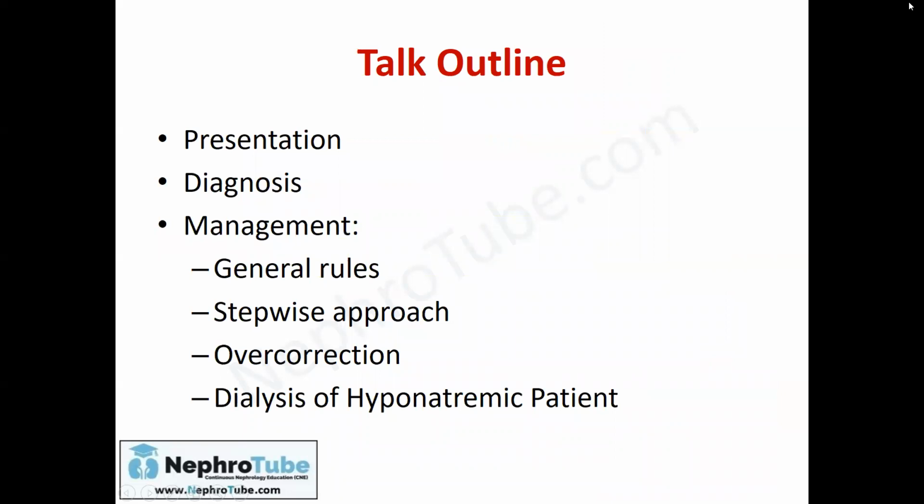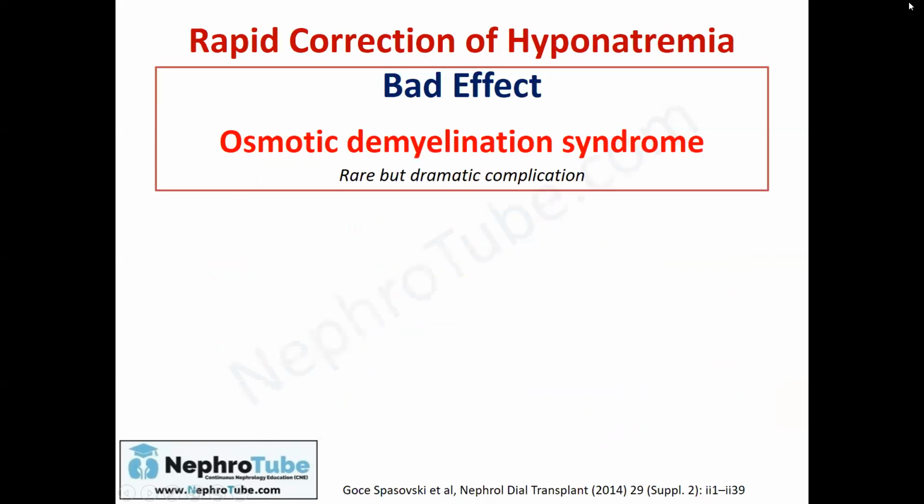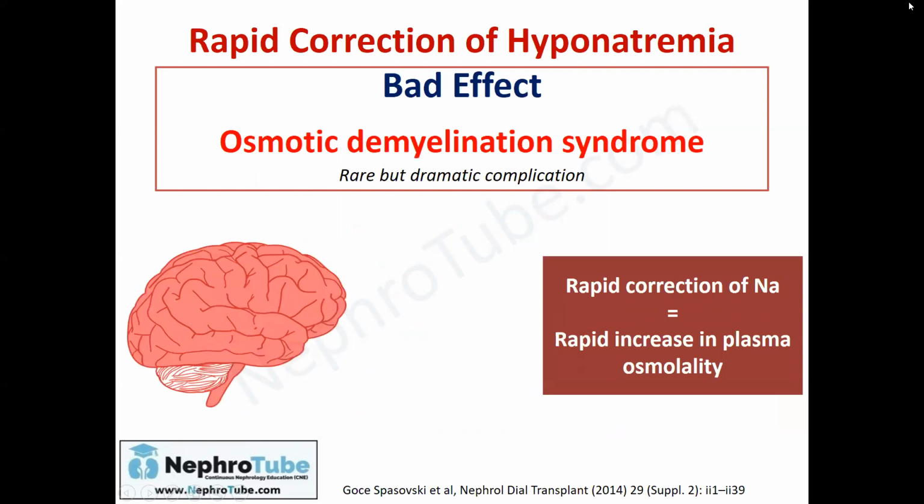The third part in the management is overcorrection. What happens if there is overcorrection, or if there is a rapid correction? All we are afraid of is osmotic demyelination syndrome. It is a rare but dramatic complication. What happens? We said that the brain adaptation to the changes in the serum osmolarity is slow. As we mentioned at the beginning of the lecture, the adaptation for hyponatremia occurs over 48 hours.